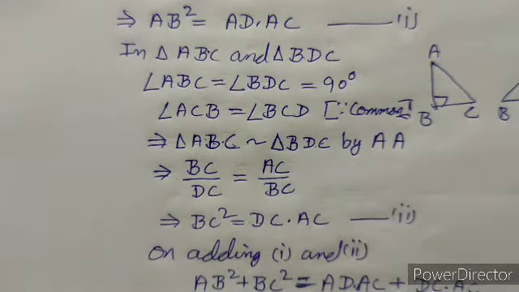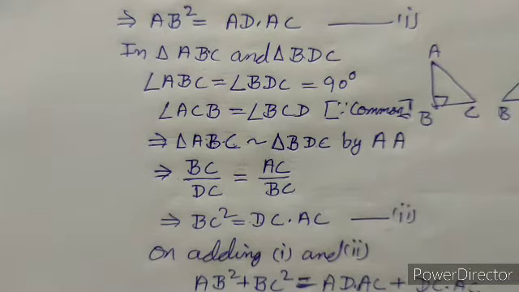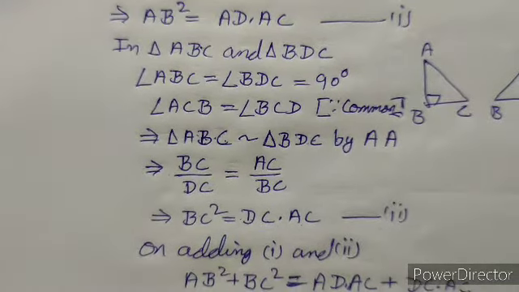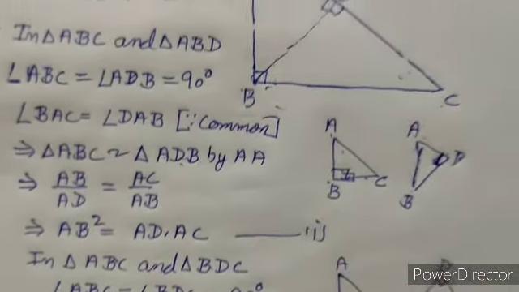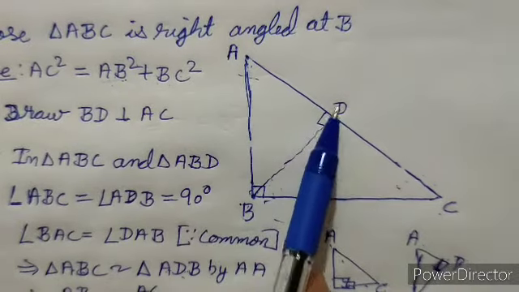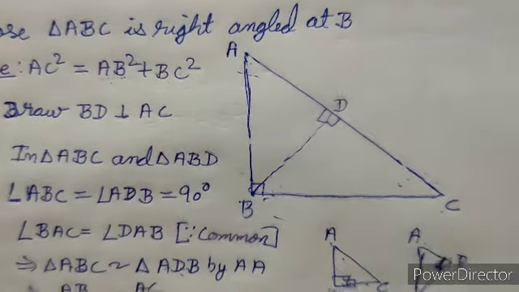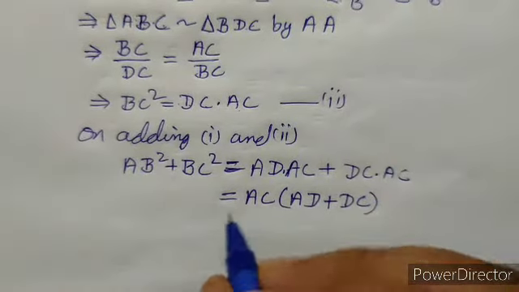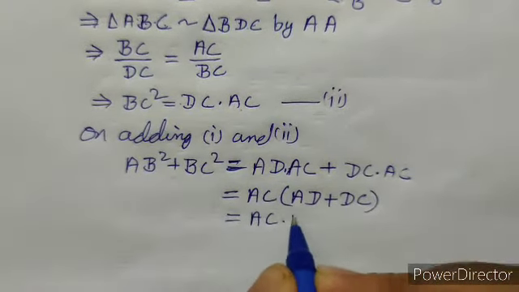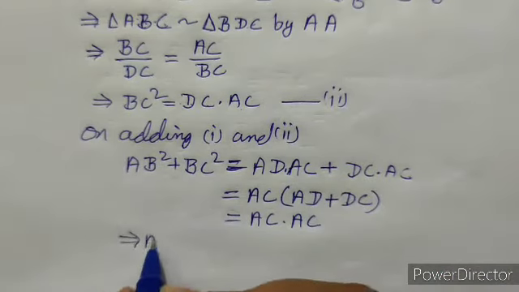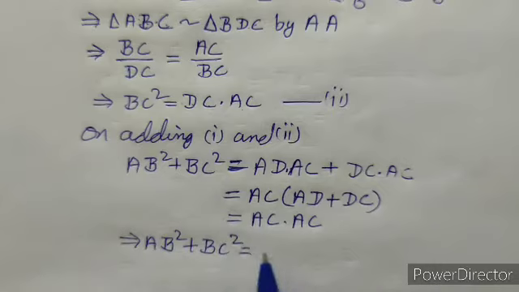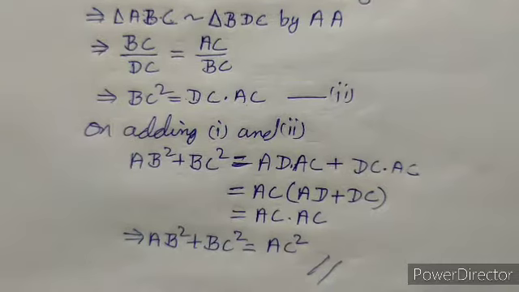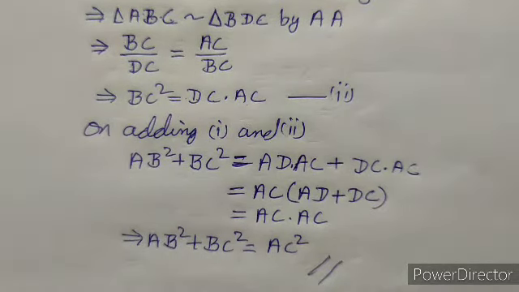Now on the right hand side we can take AC as common, and this will give us AC into AD plus DC. And as we see in the triangle, AD plus DC will be equal to AC. So in place of AD plus DC we can take AC, and that means AB square plus BC square is equal to AC square, which we had to prove. So this is the proof of Pythagoras theorem.